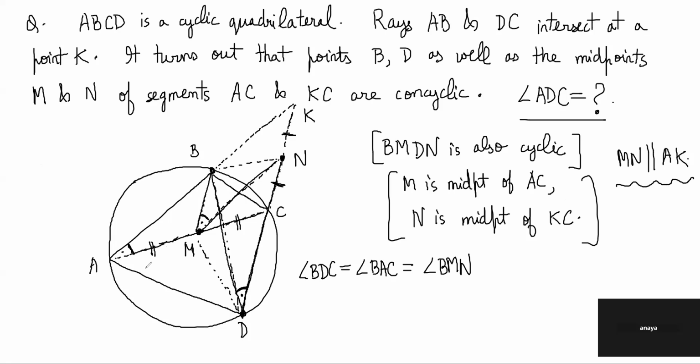So what can you tell from parallel lines? Now what angles will be the same? BMN is going to be equal to MNC. Which lines are parallel? Oh, wait, sorry. AK and MN. So then KAM is going to be equal to MNC.